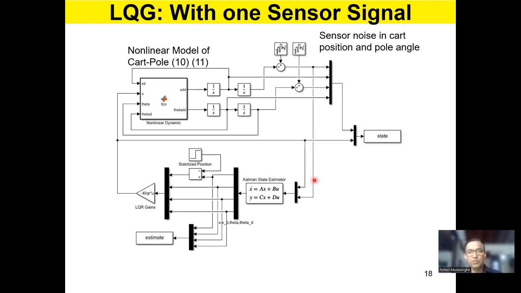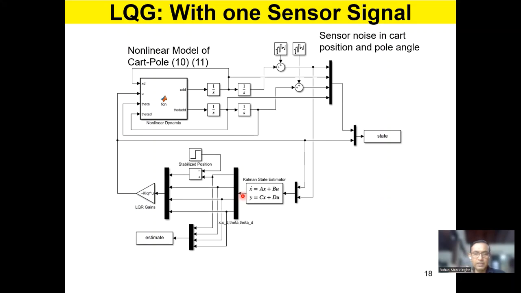And we connect the two sensor signals to the Kalman filter, right? And the Kalman filter here is the standard Kalman filter, which is based on the linear model of the plant. This is very interesting now. You have the actual nonlinear model of the plant. You have the linearized model of the plant inside the Kalman filter. And the Kalman filter uses the linearized model and the signals coming from the sensors and predicts the four states.